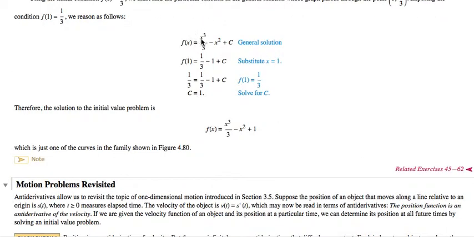So we take our general solution, x to the third over 3 minus x squared plus c, and force it to go through 1 for x and 1/3 for y. That allows us to solve for c, which in this case is 1. So this initial value problem has a solution of x to the third over 3 minus x squared plus 1.